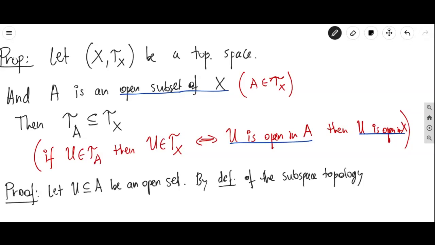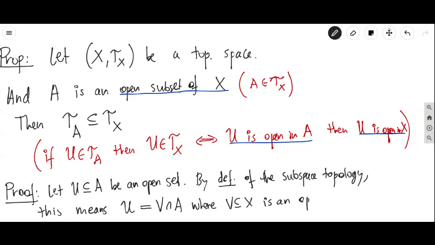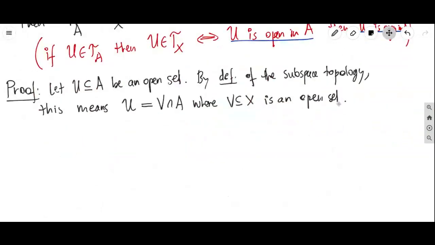So this just goes back to the definition of how the subspace topology was created. This means that U is equal to V intersect A, where V is a subset of X, is an open set. Because what's the subspace topology?